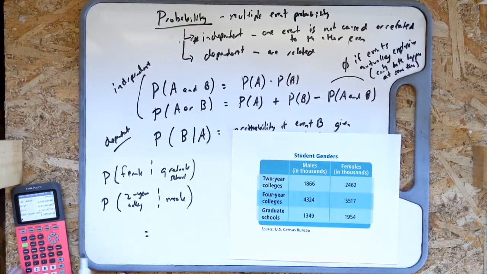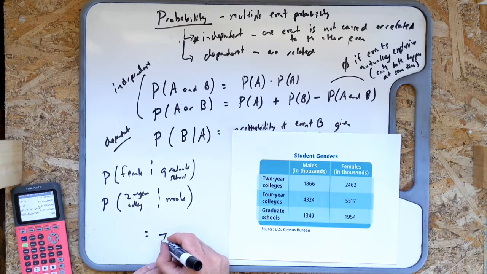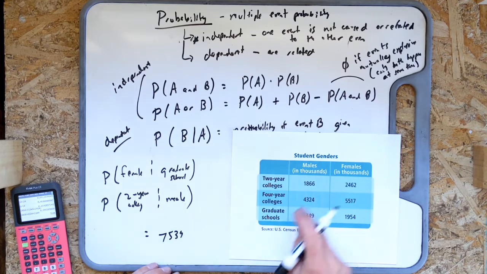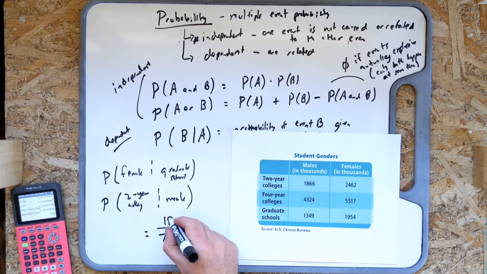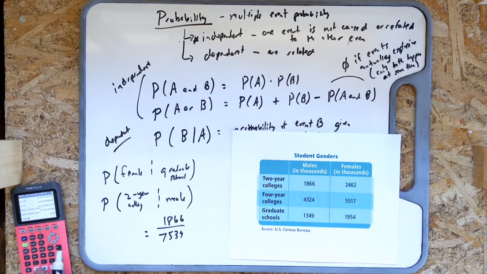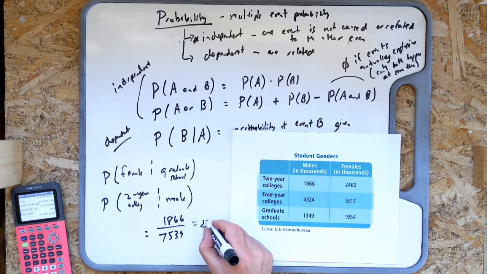So the denominator is 1866 plus 4324 plus 1349, or 7,539. This doesn't have nice total columns like the other one, but you just have to add that up. And then, given that, what is the probability you're at a 2-year college? It's 1866. And I'll get that number for you as well, just by dividing it out. 25%, 24.75%.